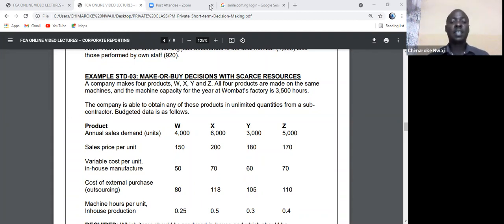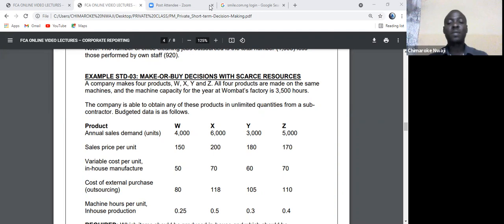Budgeted data is as follows. Now look at the products W, X, Y, and Z, the annual sales demand. So this is what they have been demanded from their customers.